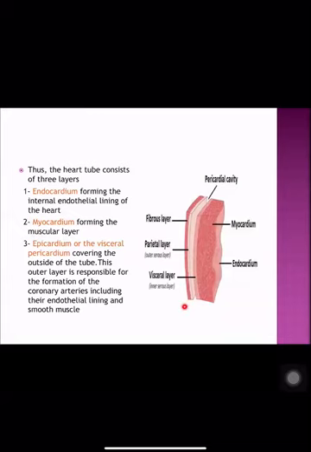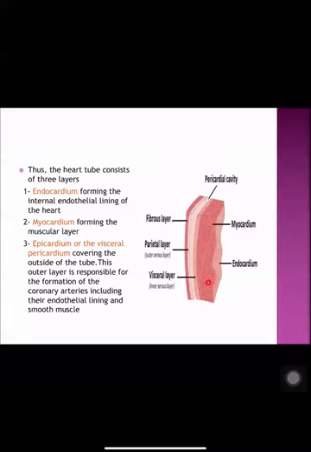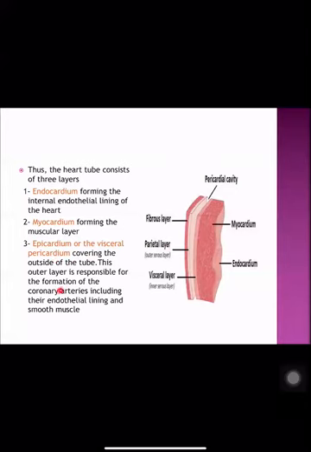By this, we will have formation of the single heart tube composed of three layers: endocardium, that is the endothelial lining; myocardium, that is the muscular layer; and the epicardium, the outer layer. And this outer layer will be responsible for the formation of the coronary arteries.